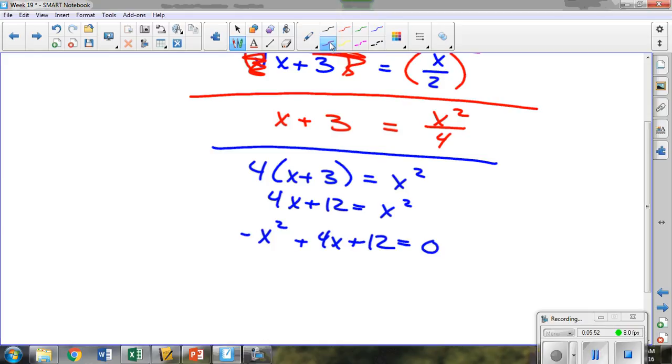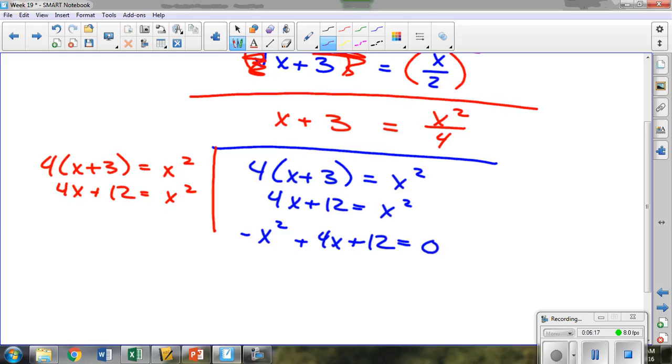Ryan just asked, is that the best way? Best is relative. One other way that we could have done it is to take the same first step, multiplying by 4. But instead of moving the x squared over to the left, we could have moved the other terms to the right.